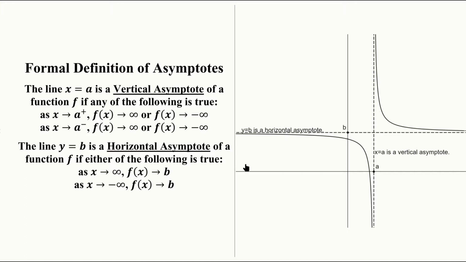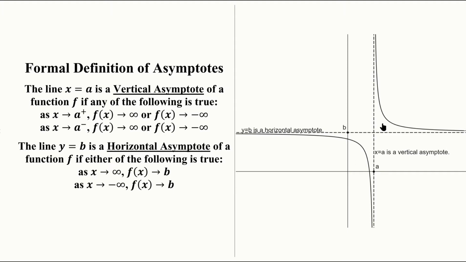All right, now as far as horizontal asymptotes are concerned, the line y = b is going to be a horizontal asymptote of a function f if either of these two is true. As x values approach infinity, the y values should approach that particular y value b.